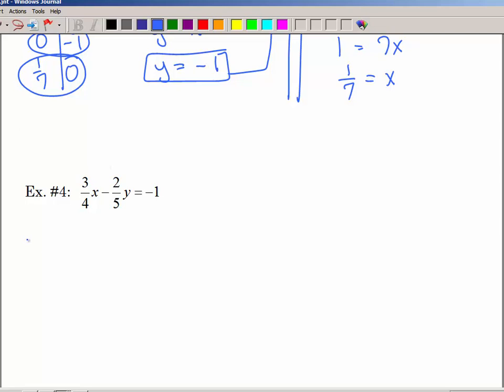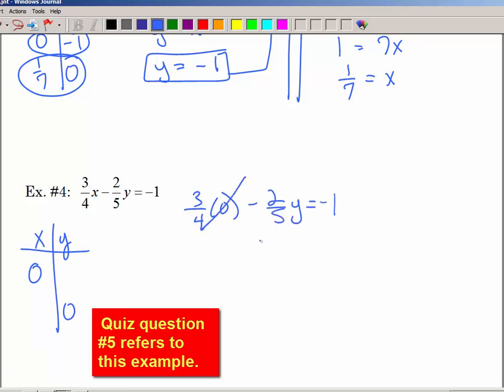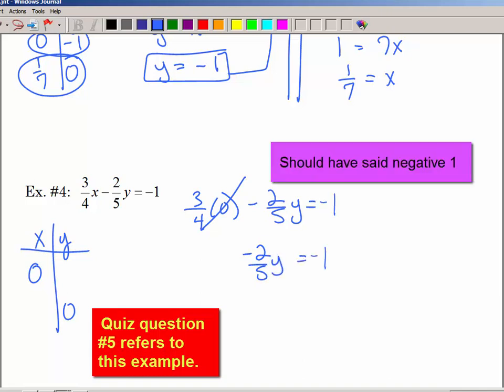Right, so here again we have those fractions. And since I'm going to put 0 in, I could get rid of those fractions like we talked about in the other video. But let's just see if we can do this. If I put in 0 for x, that goes away. So I have negative 2/5 y equals 1. Do you remember how to get rid of something like negative 2/5?